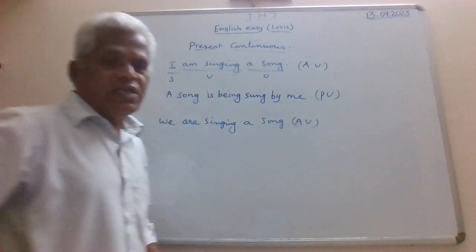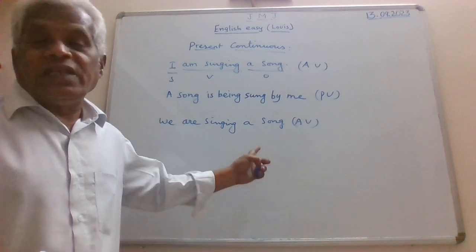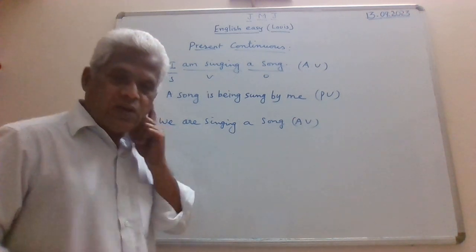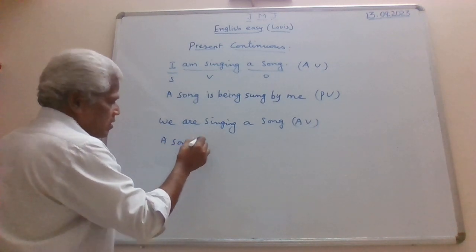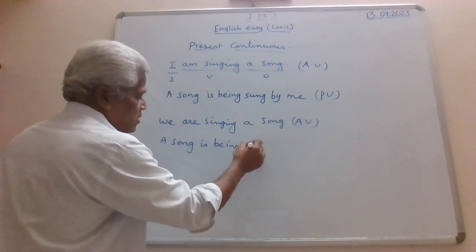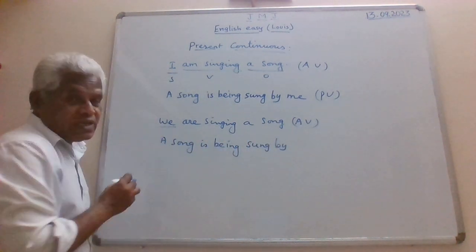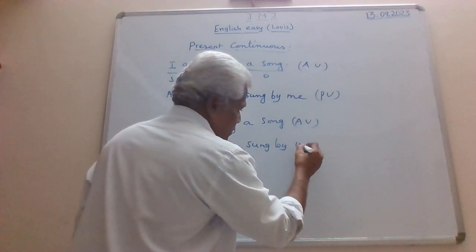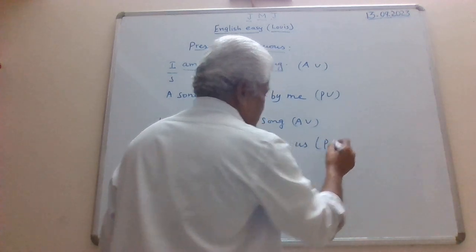And how are you going to change this into passive voice? You may be knowing the answer already. The song is being sung by, and your subject is we, therefore the object should be us. Alright? So this is your passive voice.